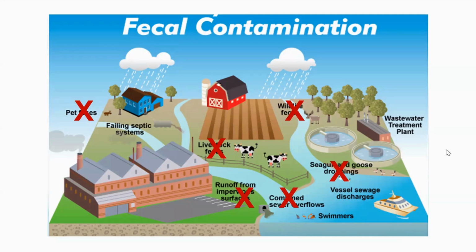The sources are things like failing septic systems, discharges from marine vessels, and discharges from wastewater plants, as well as swimmers and other sources of contamination. If we go to the next slide.